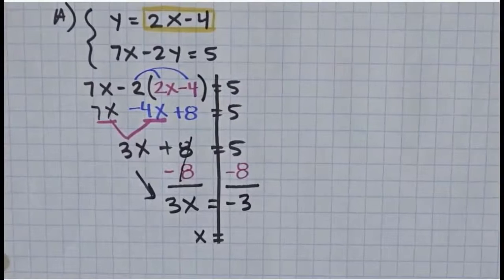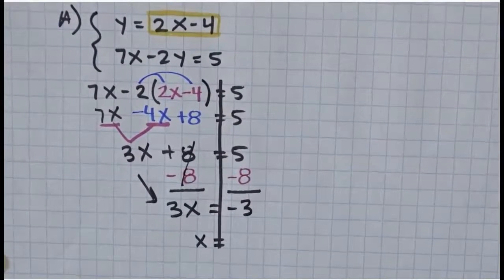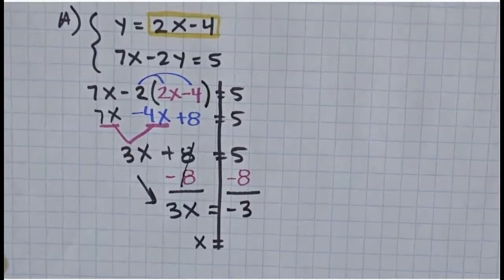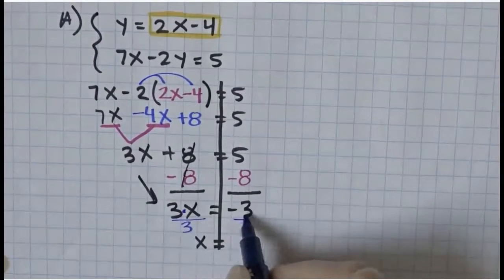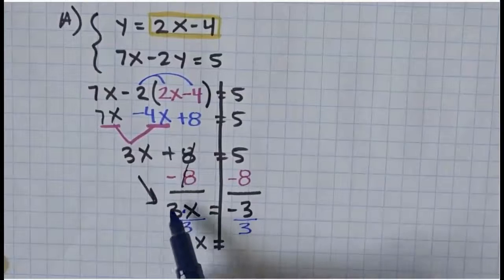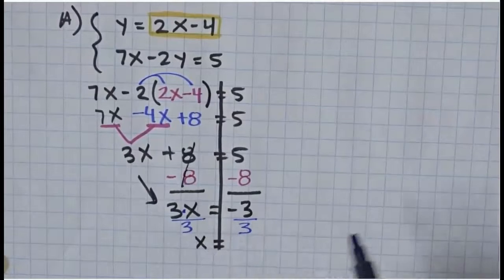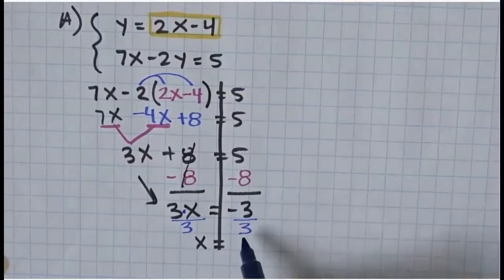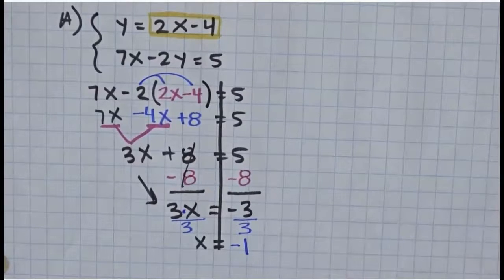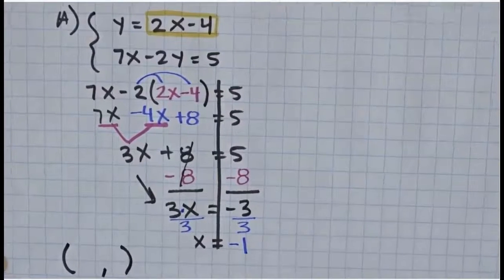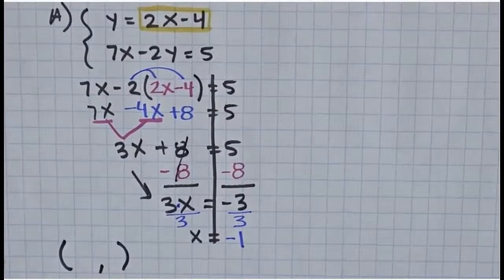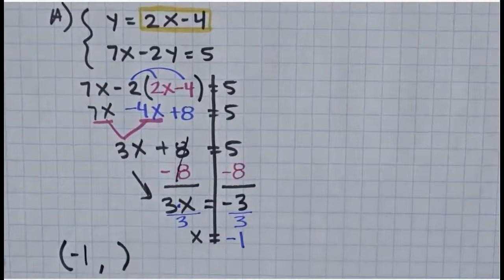To eliminate that 3 that's with the x, the inverse operation of multiplying by 3 is dividing by 3. 3 divided by 3 is an invisible 1. And negative 3 over 3 is negative 1. So now, I did say we're going to have a point as our solution, and we just found our x coordinate, negative 1.